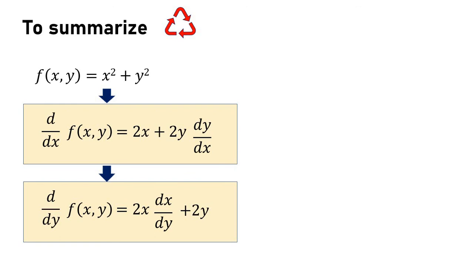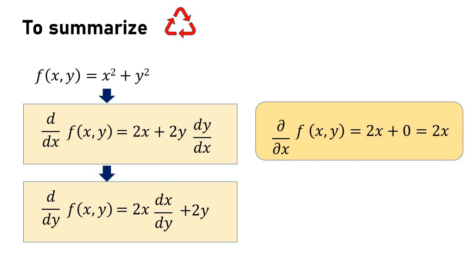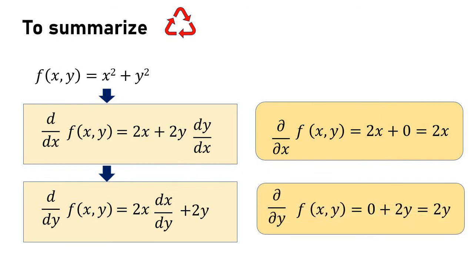But partial differentiation is a special sort of differentiation. So on the left hand side we use the ordinary derivative, and on the right hand side we are using the partial derivative. So partial derivative is a special sort of differentiation in which we consider all other variables apart from the one which we are differentiating with respect to, which are kept constant.